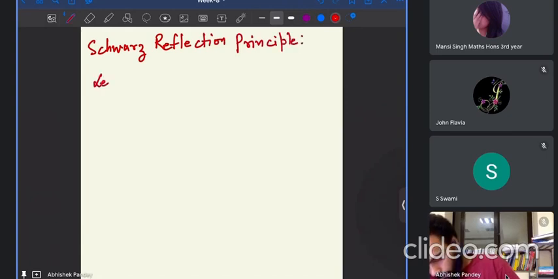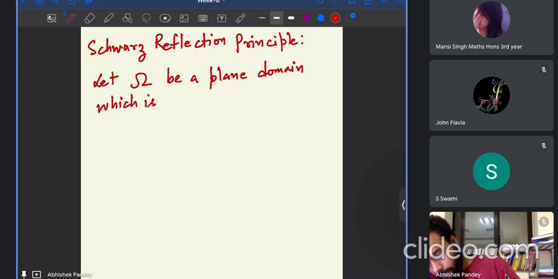So let omega be a plane domain which is symmetric about the real axis.